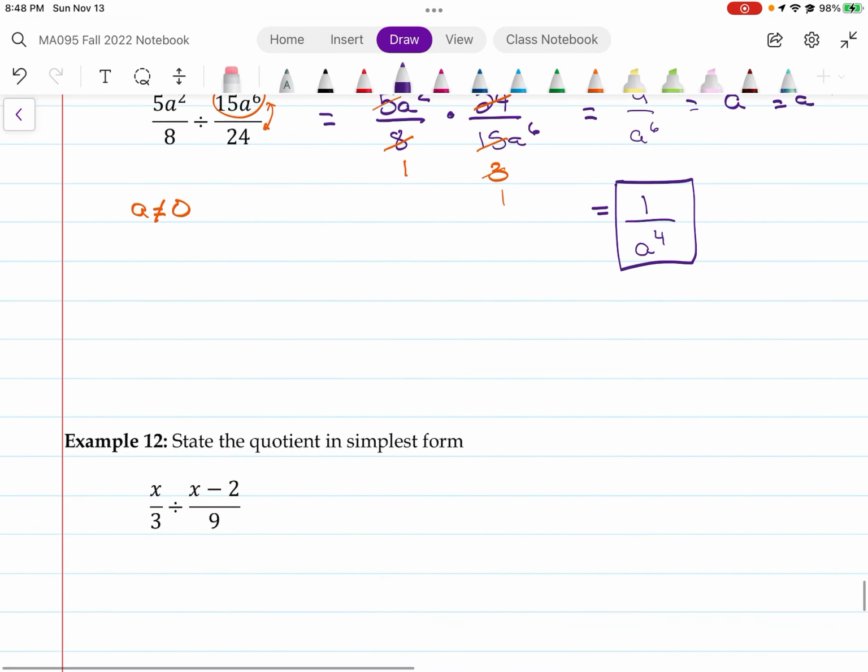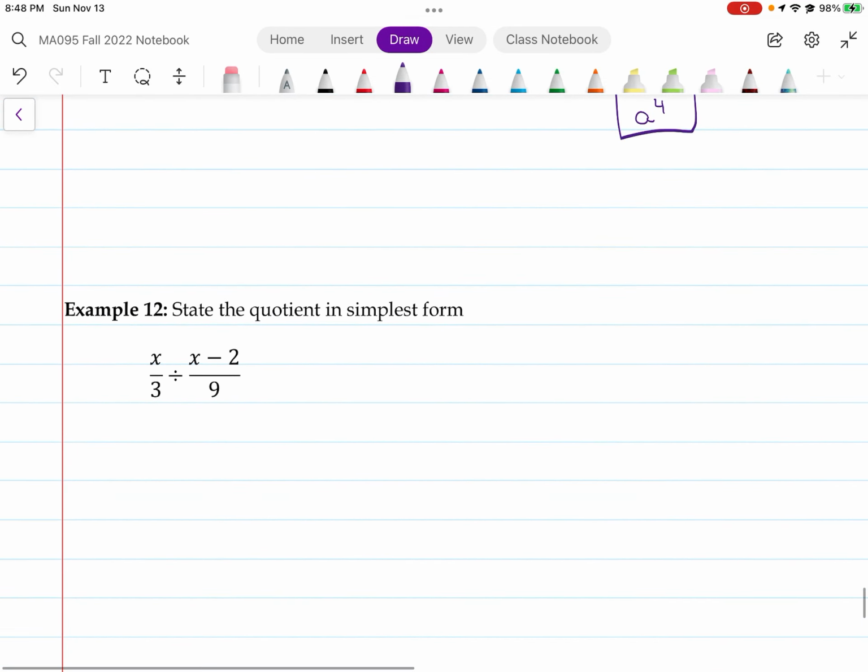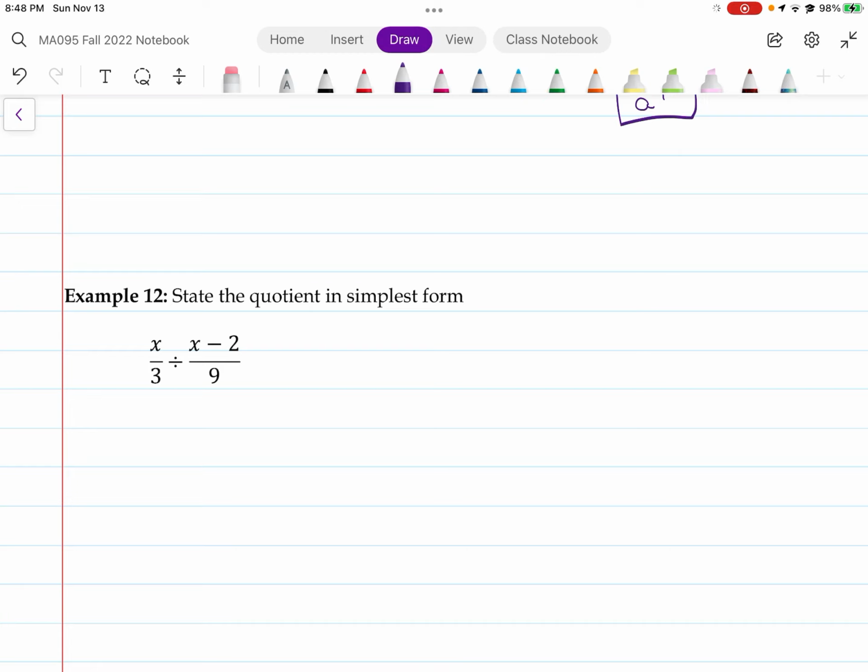All right, number 12. We're not going to worry about the domain. We're just going to do it. Keep the first one, change to multiplication, and flip the second one. So I took the reciprocal. Now I've got 9 on top and 3 on the bottom. How many times does 3 go into 3?